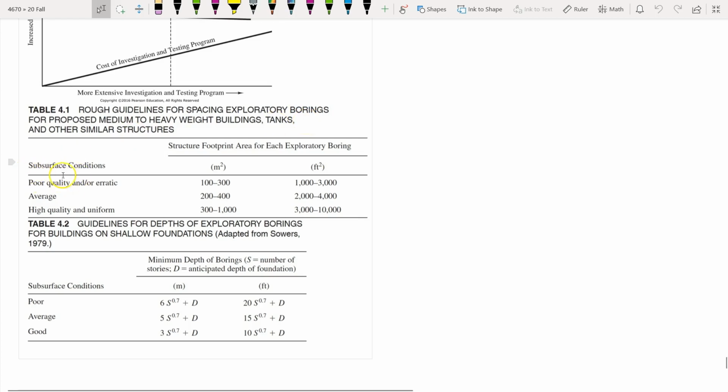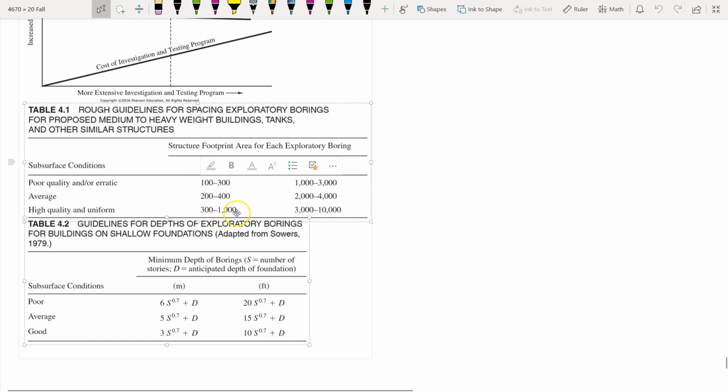With subsurface conditions of three different kinds, from very high quality, which means quite homogeneous, versus a lot of erratic soil profiles where the geology is so complex, with random sand pockets or thin clay layers, you want to capture them, so you may have much less spacing between each of the borings.